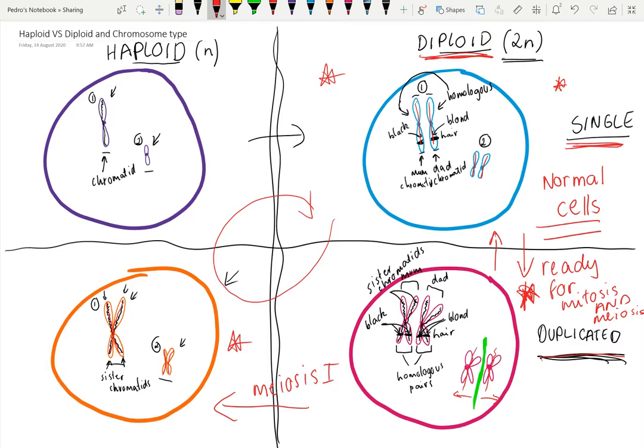But they're different in how their chromosomes are. Okay, and that's the key part there. Meiosis 1 happens and we have this kind of cell, and then finally meiosis 2 is going to happen. And we're going to finally have haploid cells with single-stranded chromosomes. All right? So lots and lots of information there, but hopefully that helped out in understanding these 4 terms.